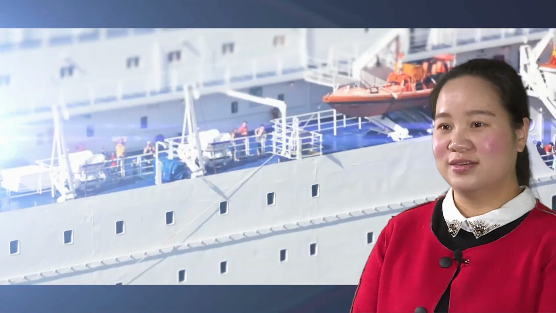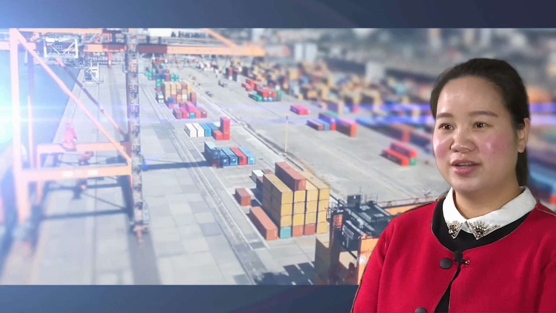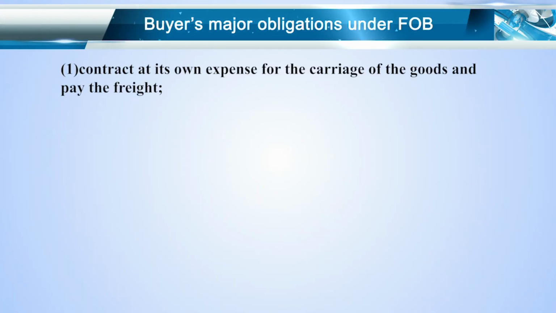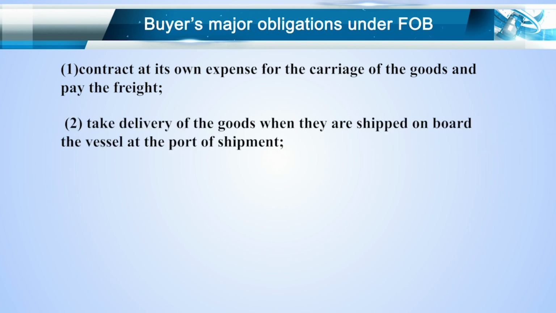Buyer's major obligations under an FOB. Under an FOB, the buyer must: 1. Contract at his own expense for the carriage of the goods and pay the freight. 2. Take delivery of the goods when they are shipped on board the vessel at the port of shipment. 3.